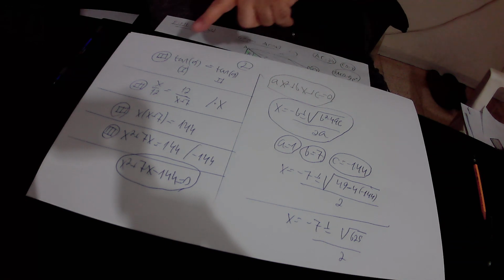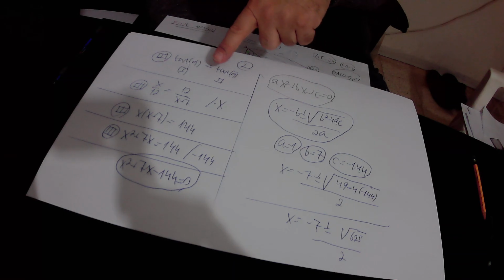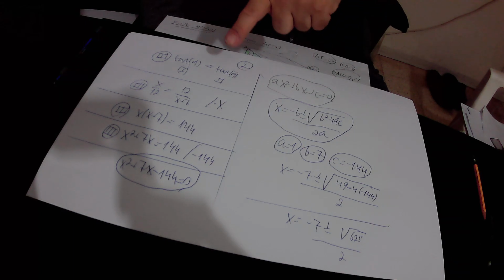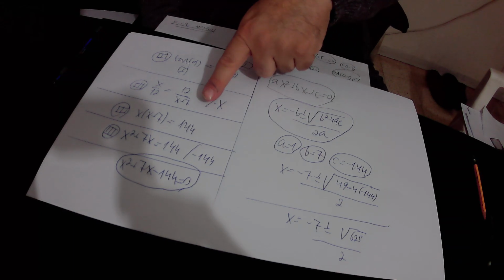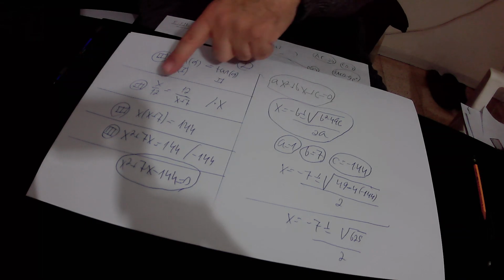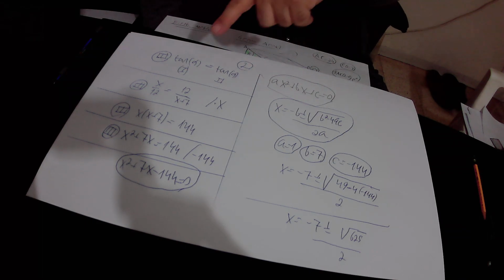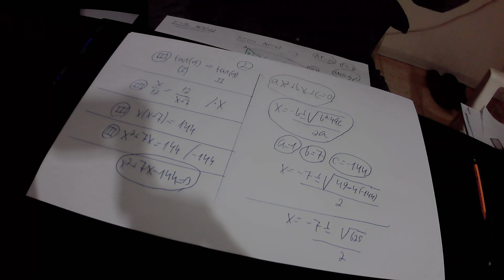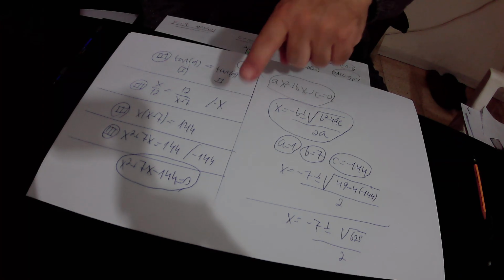So in total we found that x over 12 equals 12 over x plus 7. Multiplying, we found that x times x plus 7 equals 12 times 12, that is 144. We open the brackets and find x squared plus 7x equals 144. We subtracted 144 and found that x squared plus 7x minus 144 equals 0.